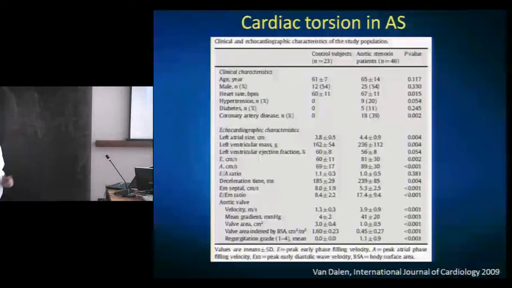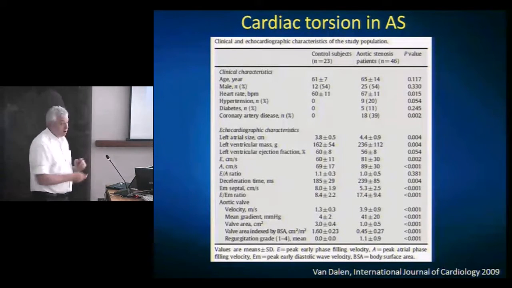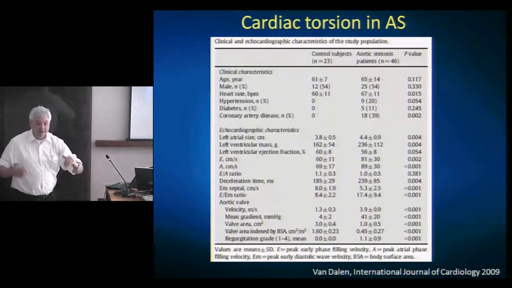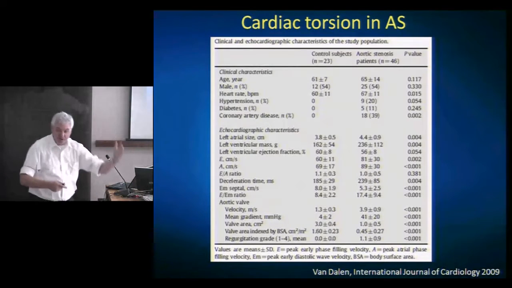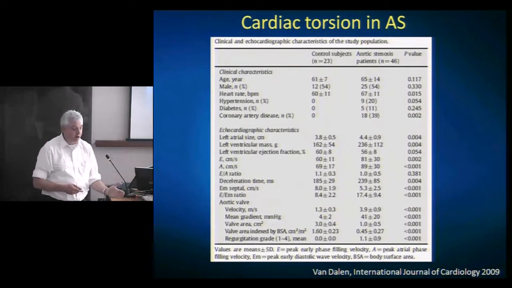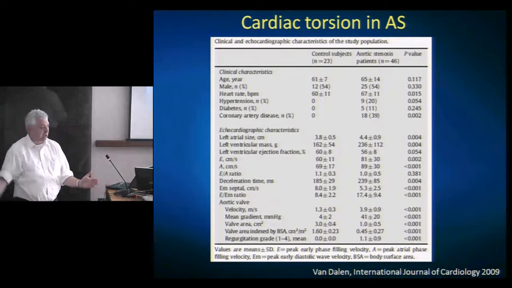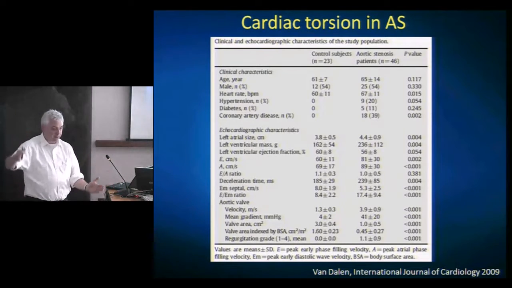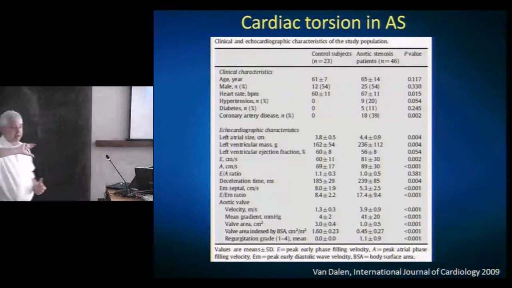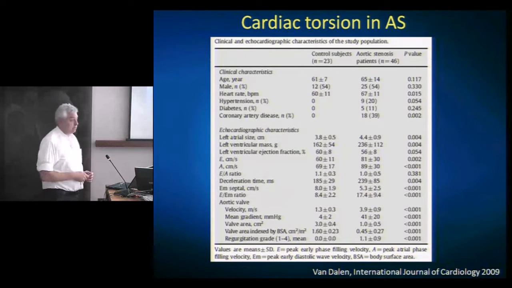And I think there are two reasons for that. The main reason that it's increased is because you have decreased the function of those longitudinal subendocardial fibers, leaving the subepicardial fibers unopposed. So you're actually increasing the torsional change in systole.